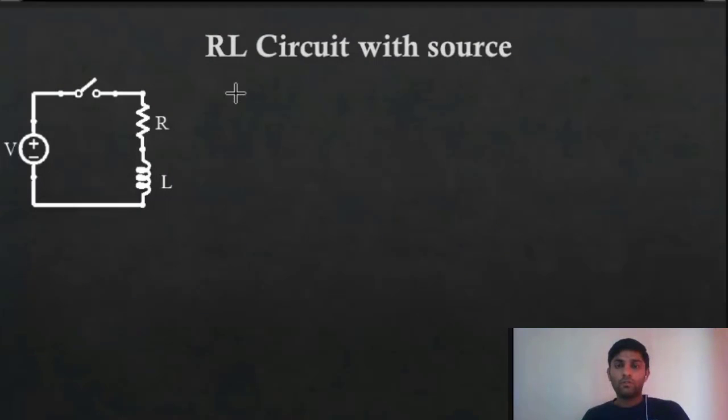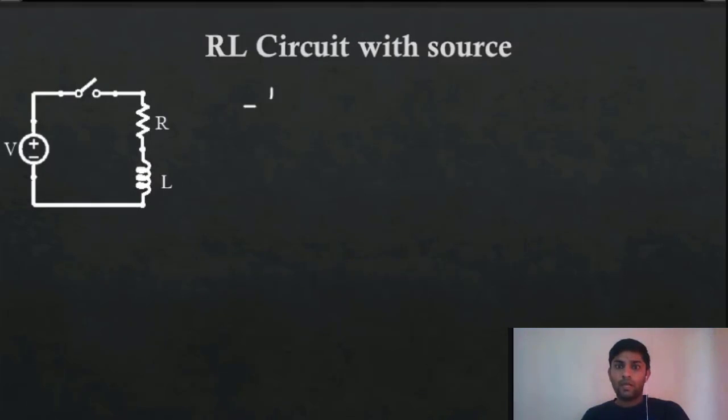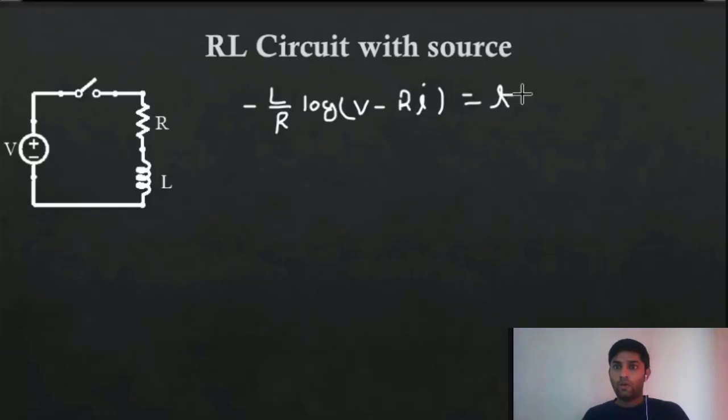Our equation was, let me take that equation from the previous slide, minus L by R log of V minus R i equal to t plus K. If I apply the initial condition, at t equal to 0 your current is 0, so just put these values.